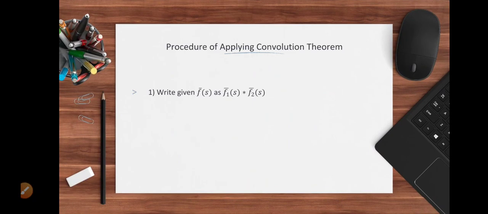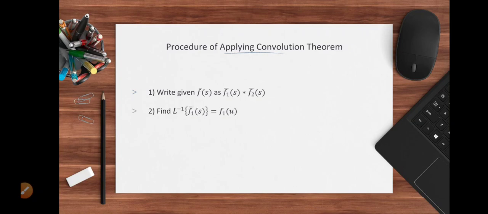Now you have to select f1 bar of s and f2 bar of s out of these two parts. So it is better to select f2 bar of s simpler than f1 bar of s. You will understand this step while solving the example.